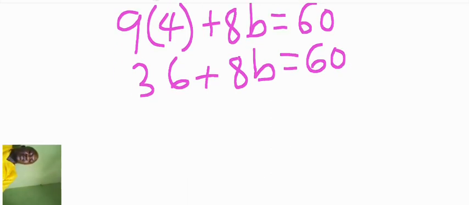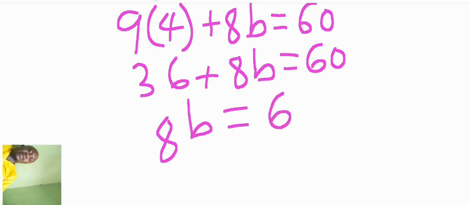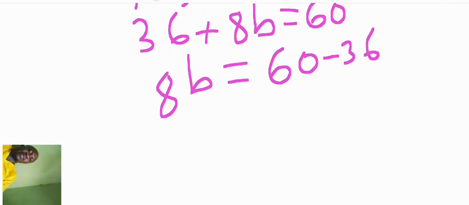So let me add the additive inverse of 36 to both sides. If I do that, at the left hand side I'll have 8b is equal to 60 minus 36, because the additive inverse of 36 is negative 36. 8b is equal to 60 minus 36. What do we get? We get 24.